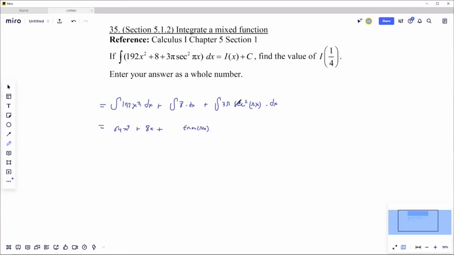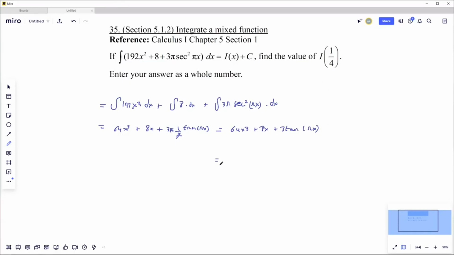We have pi x inside. So if you integrate a derivative, you divide by the derivative of what's inside. So 1 over pi times 3 pi. Pi and pi cancel, and you're left with 64x cubed plus 8x plus 3 tan 3 pi x. Then just substitute 1 over 4.